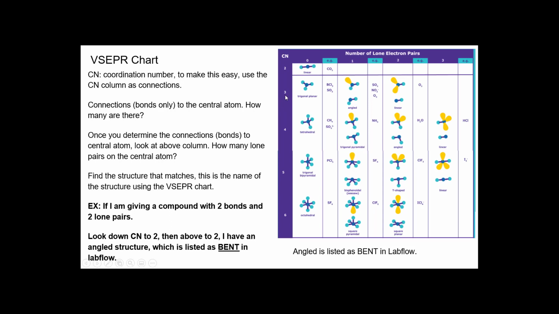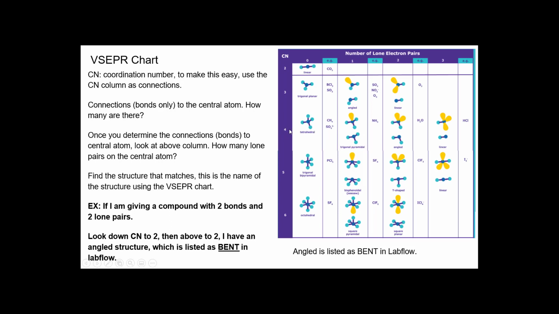But let's go down to 3. Here I have 2 different types. Here I have 1 lone pair, and it makes it angled. And then the yellows mean lone pairs. So if I go to 4, I go across, but I have 2 lone pairs.